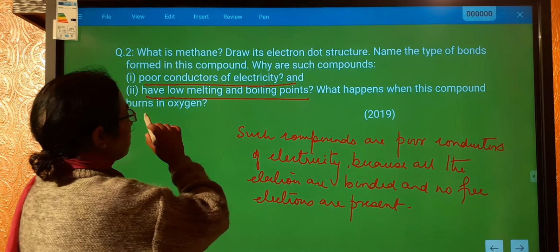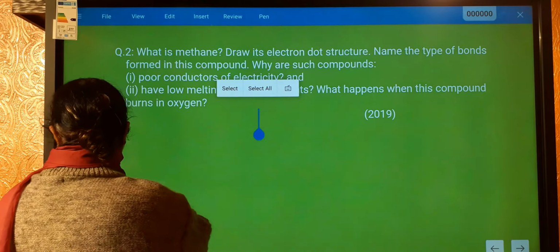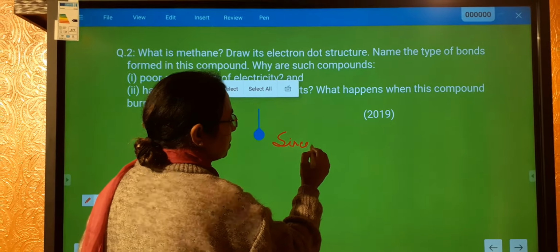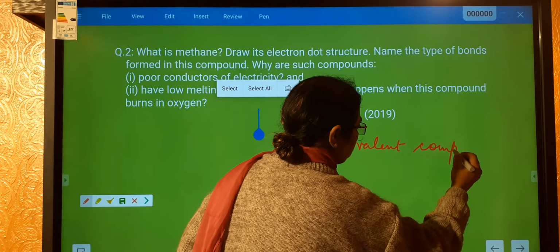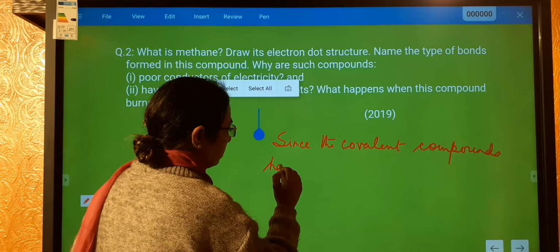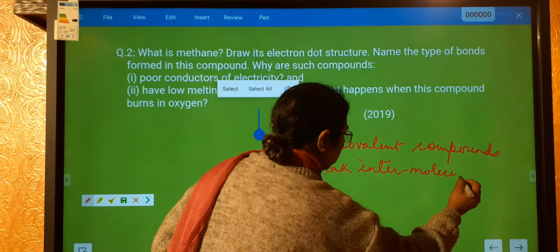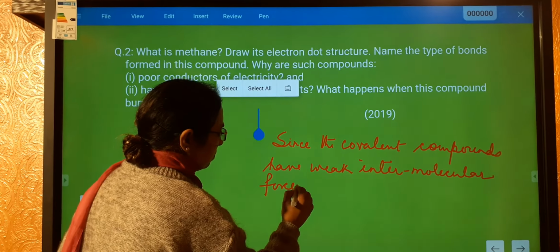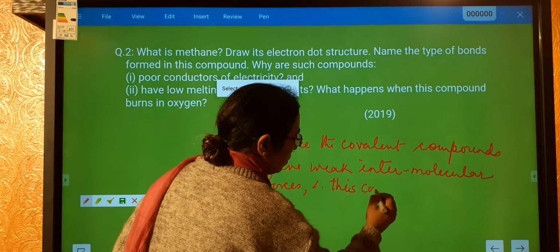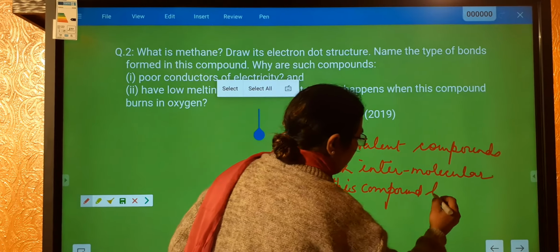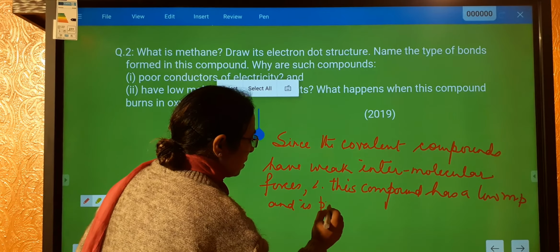So we know that, and what happens when this burns in oxygen? So we know that covalent compounds have weak intermolecular forces, therefore this compound has a low melting point and is present in which form?